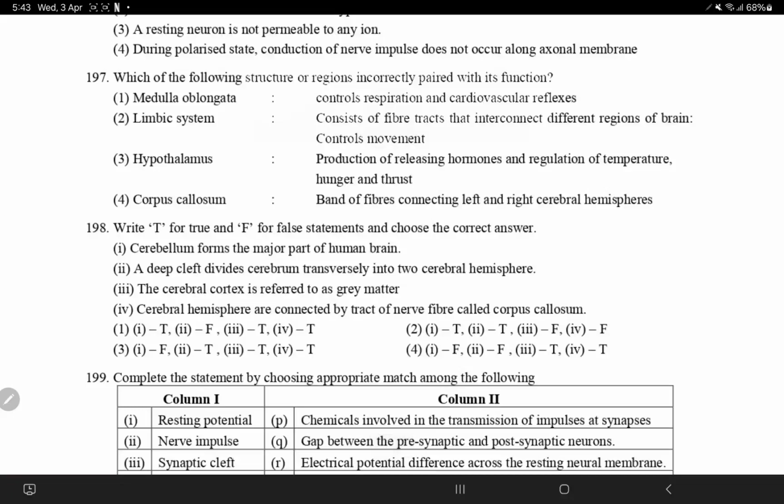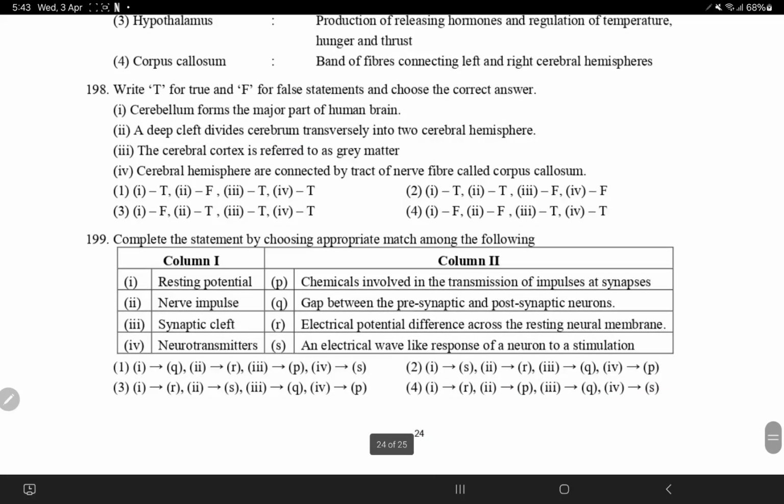Medulla oblongata controls respiration and cardiovascular reflexes, right? Limbic system consists of fibre tract that is interconnecting different regions of brain and control movements. Hypothalamus releasing hormones and regulating the temperature, hunger and thirst. Third one is right. Corpus callosum, right and left cerebral hemispheres. 2 is wrong.